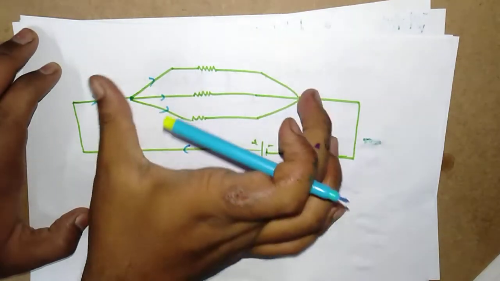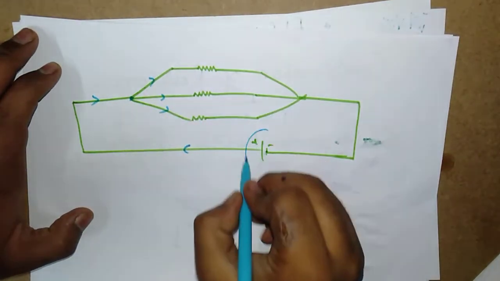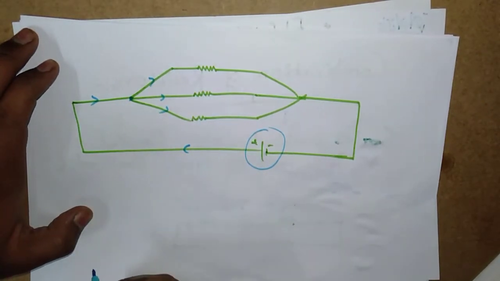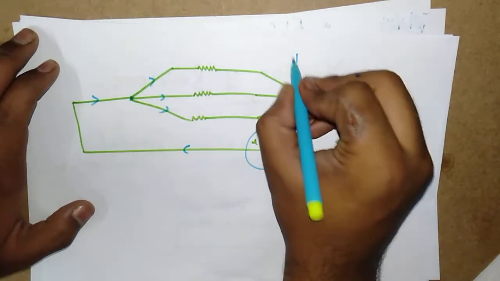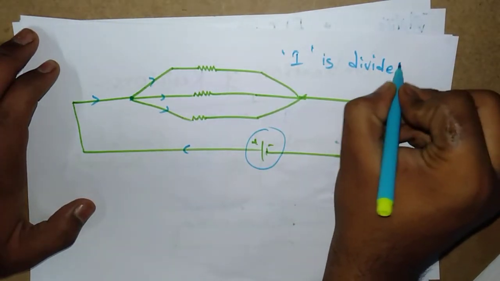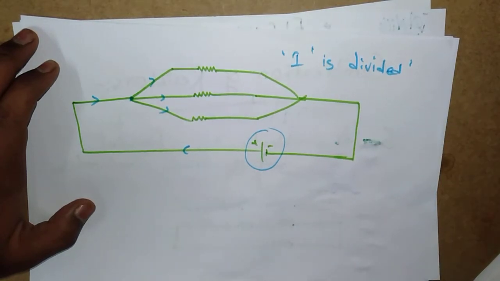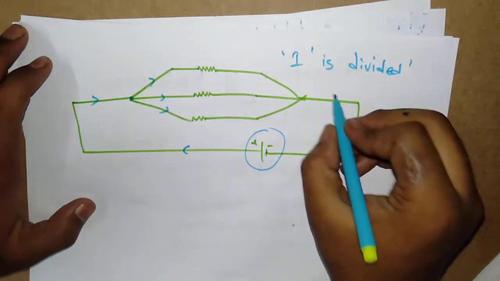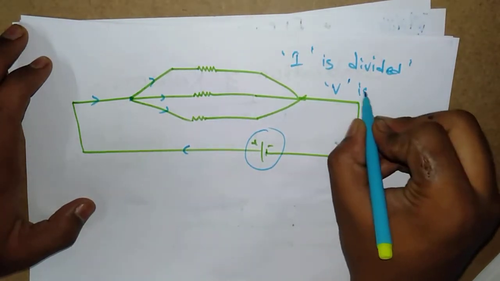In parallel combination the current comes from the battery and after reaching this point the current is divided. It means current is divided in parallel combination of resistors. The thing to know is that current is divided but the voltage is same.